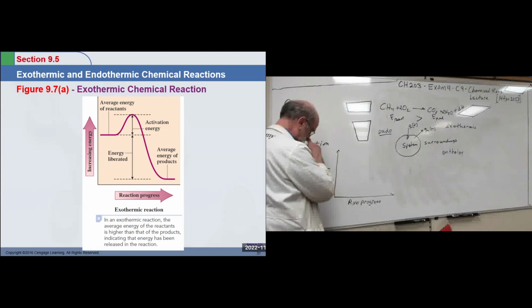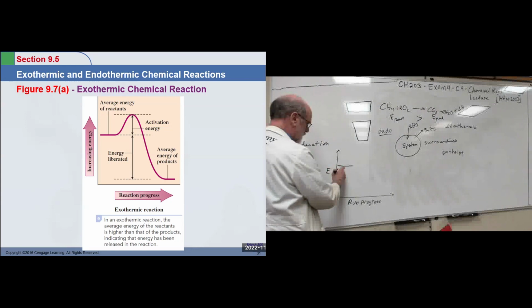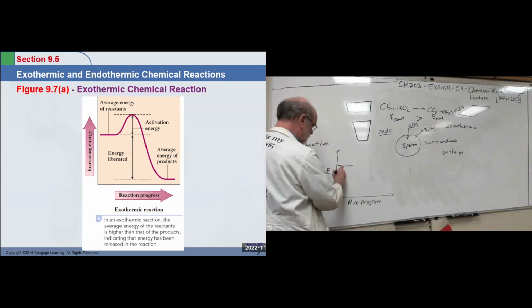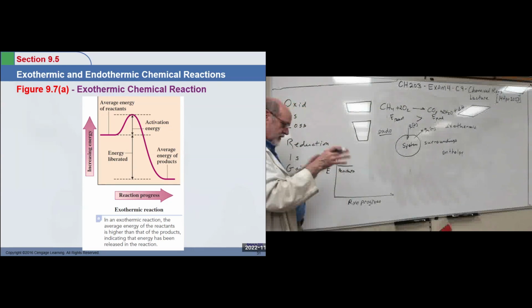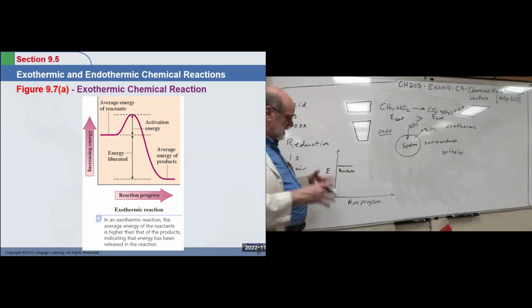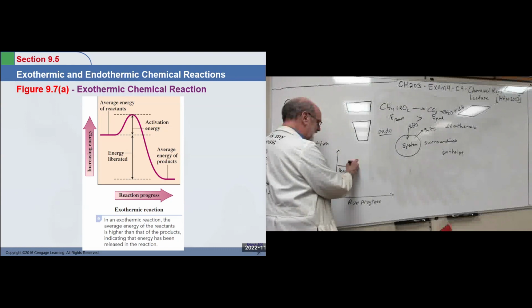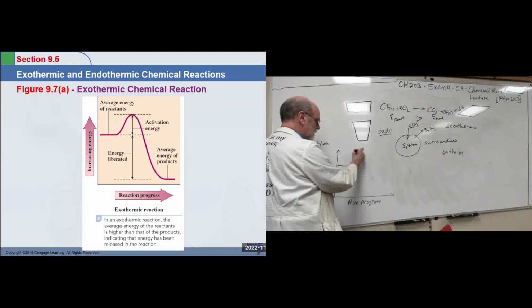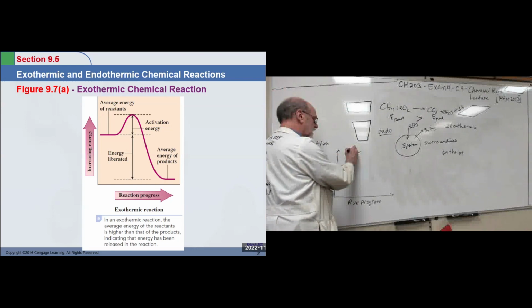Here, we start off with a large amount of energy for our reactants, and we need some energy as the reaction progresses. Think of this in terms of a collision. As the reactants come together, we need to add some energy to them. And up here is the activated complex.